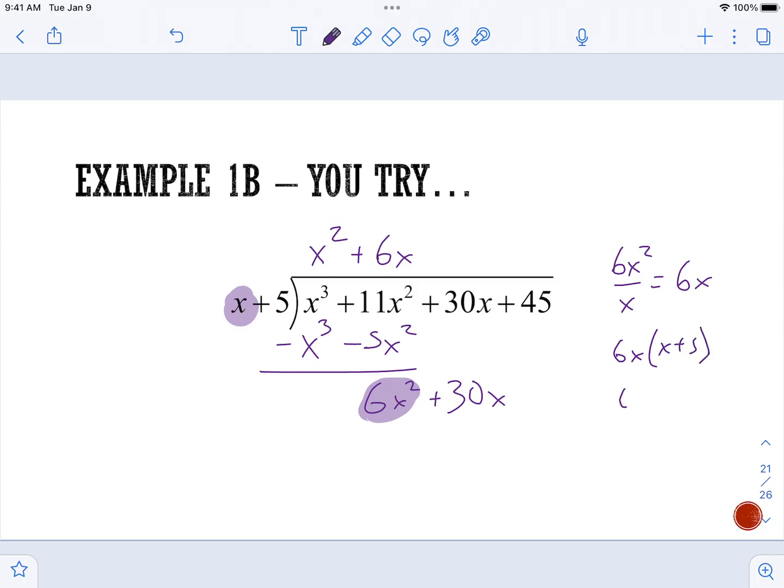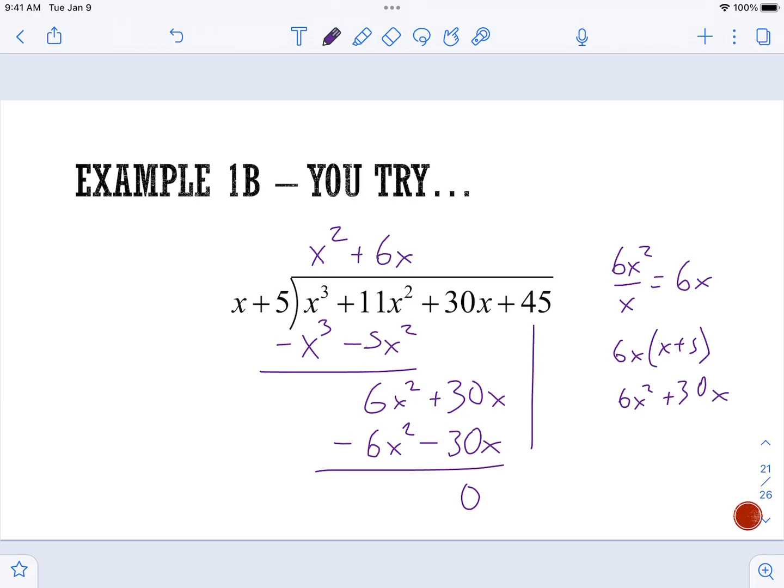And that gives me 6x squared plus 30x. All right, so now I'm going to write that underneath here, 6x squared and a positive 30x. Change the signs. Everything cancels out here. And so what I'm left with is 0.